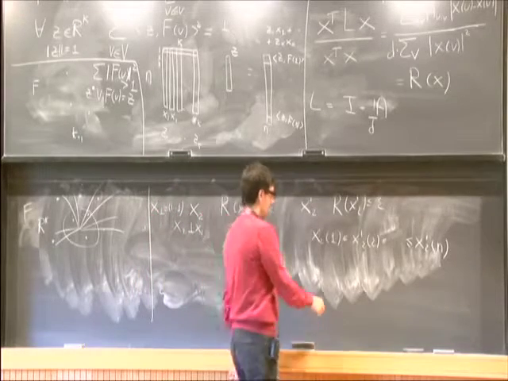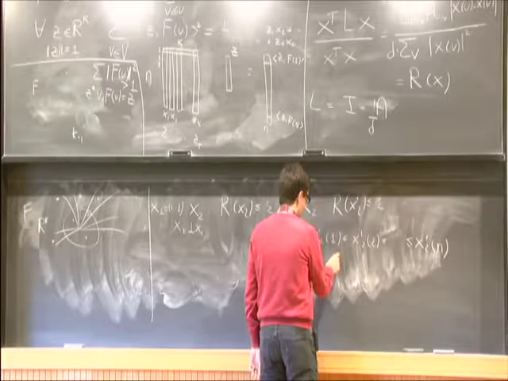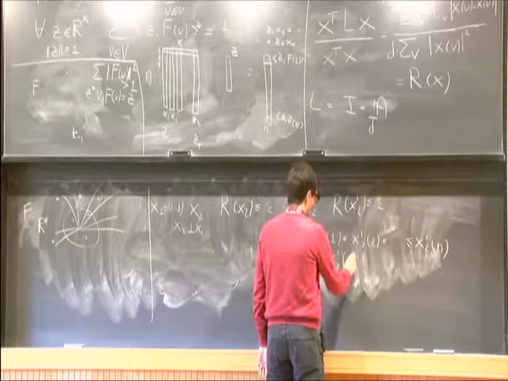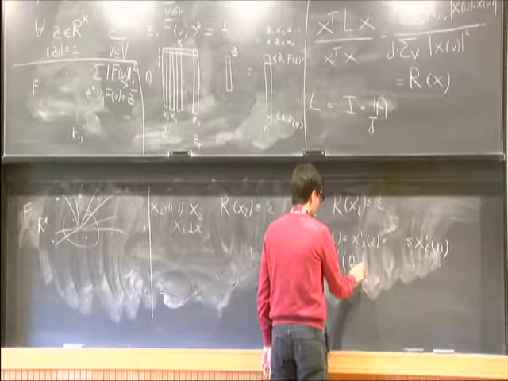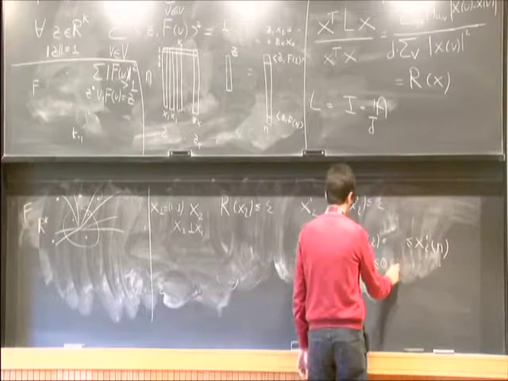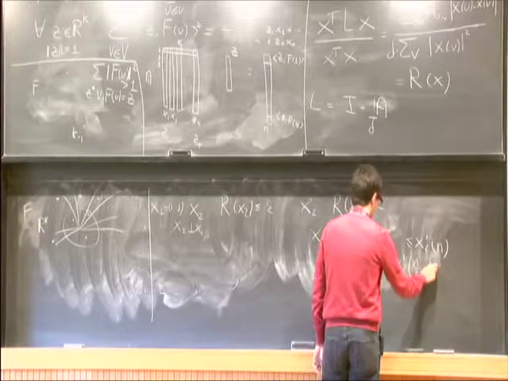And so the entry n over 2 minus 1 is non-positive, and the entry n over 2 plus 1 is non-negative.